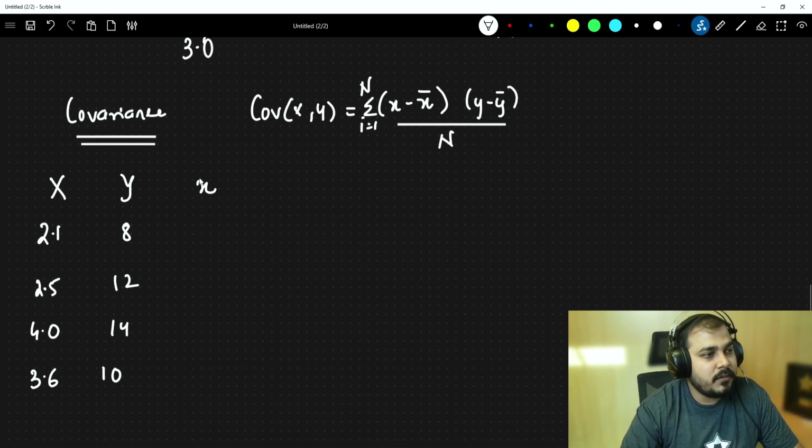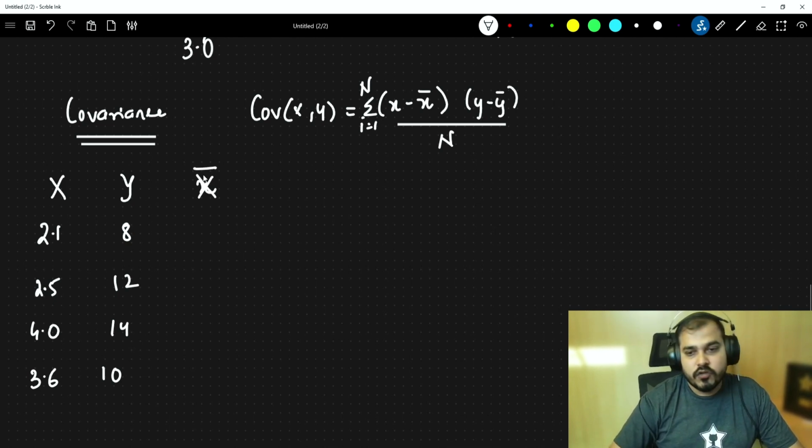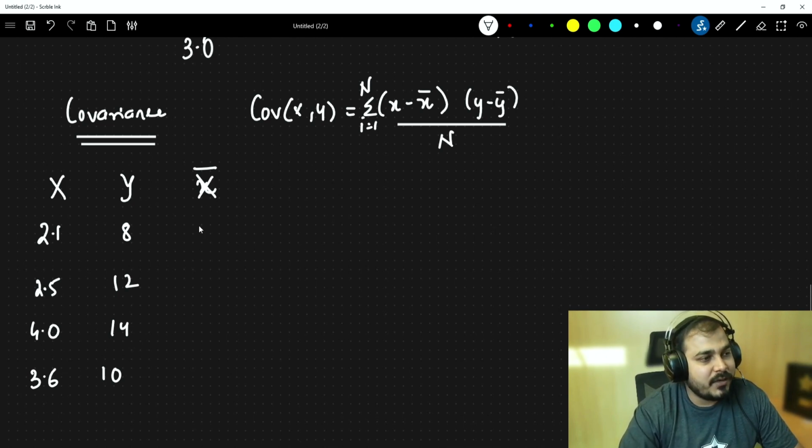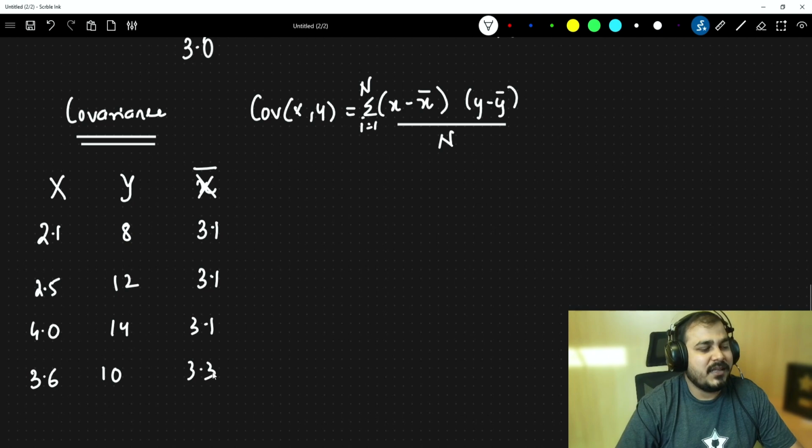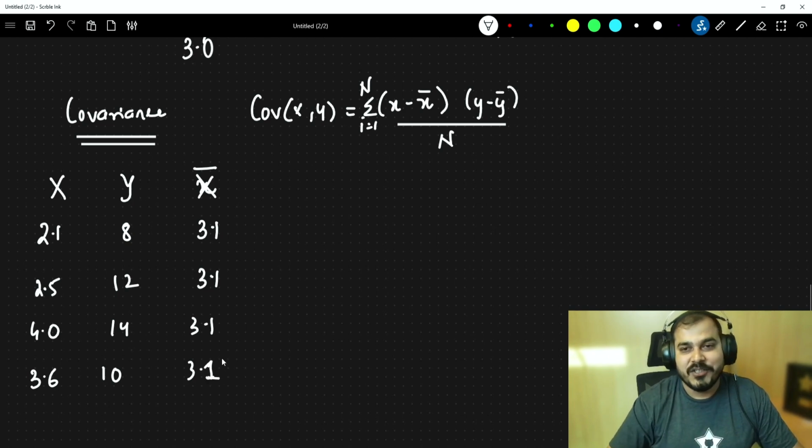What is this x bar? This is the mean of x, right? If I really want to calculate x bar, I just take the average of 2.1, 2.5, 4.0, 3.6. If you go ahead and calculate it, which is pretty simple, I will get 3.1. Just try to do it. Mean of x, I think you should not have any problem, because now we are at the advanced stage.